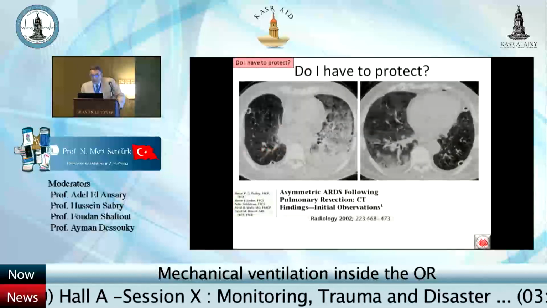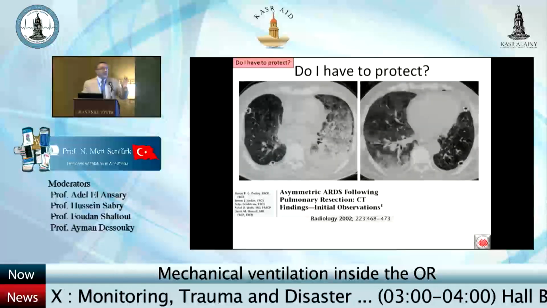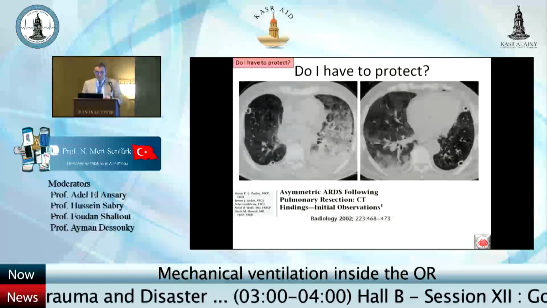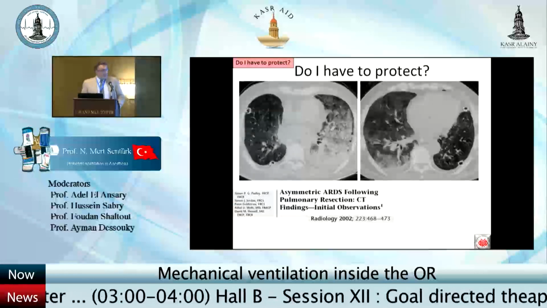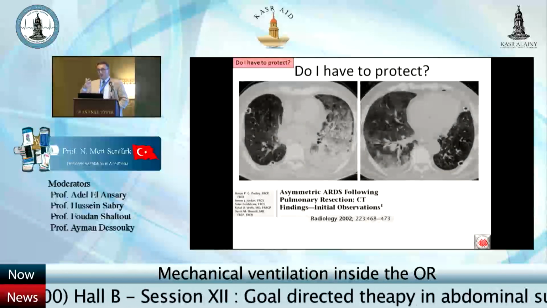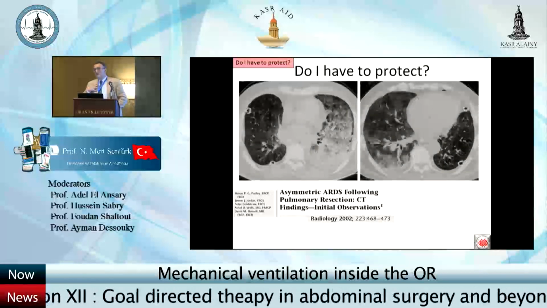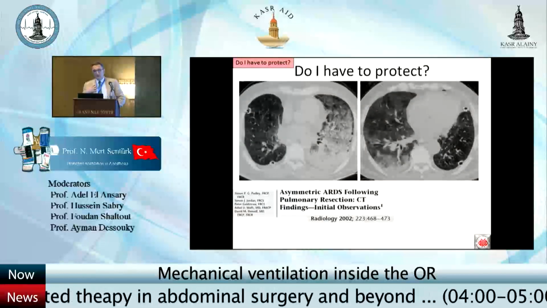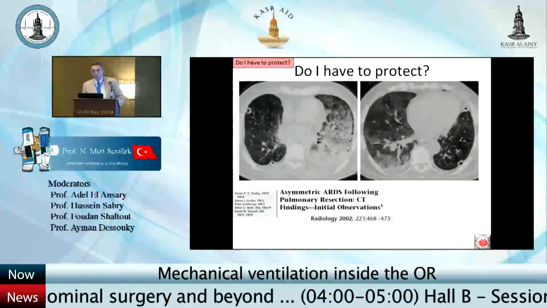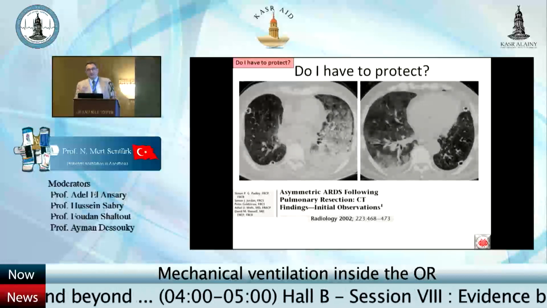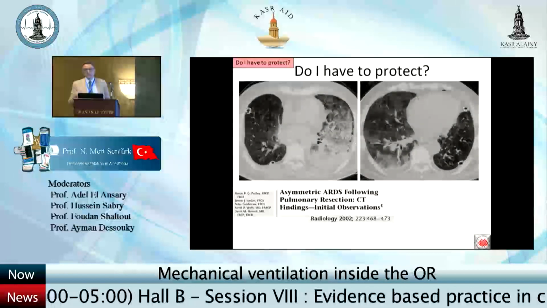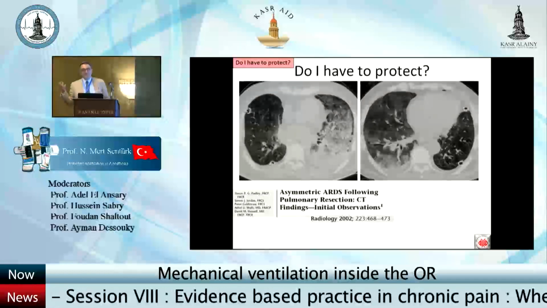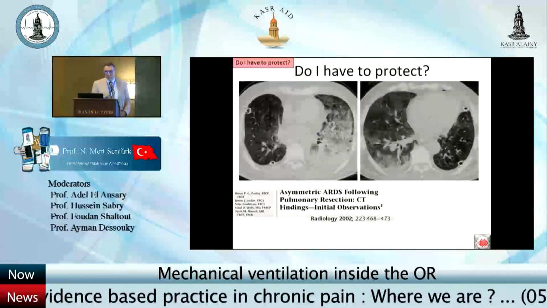And we can see it also here. Again, a picture from thoracic anesthesia. One lung is ventilated, so that lung belongs to us, and the other lung is operated. It was a lobectomy. Please tell me which lung was the lung of the anesthesia and which was the lung of the surgery.